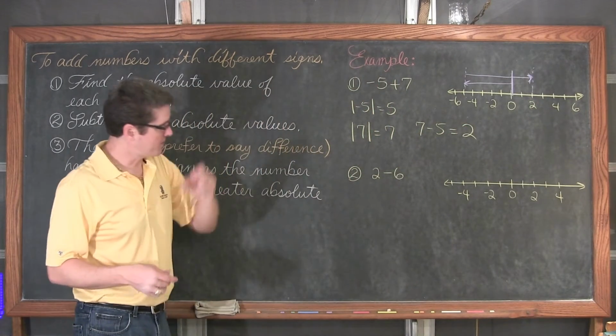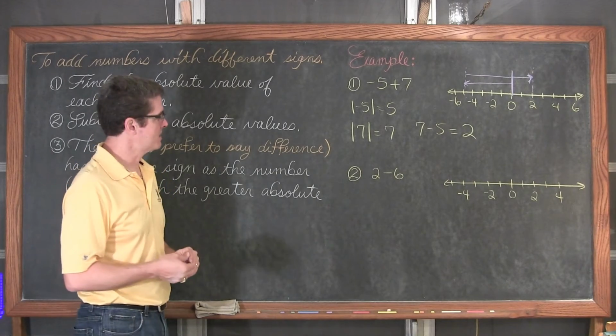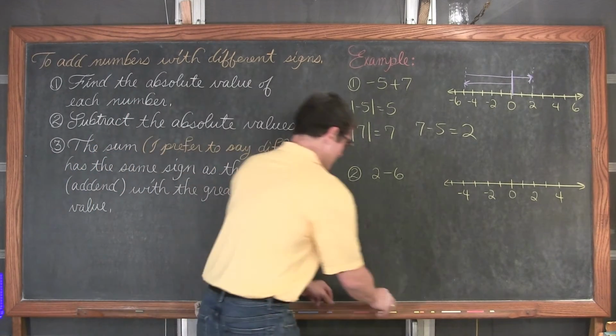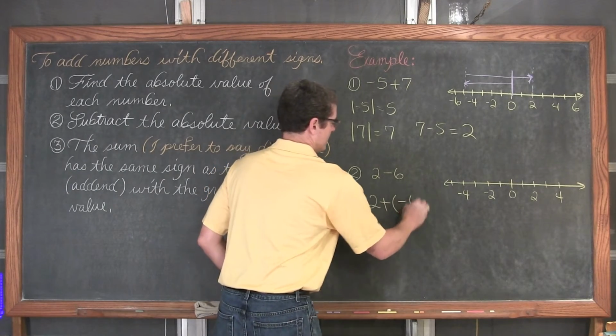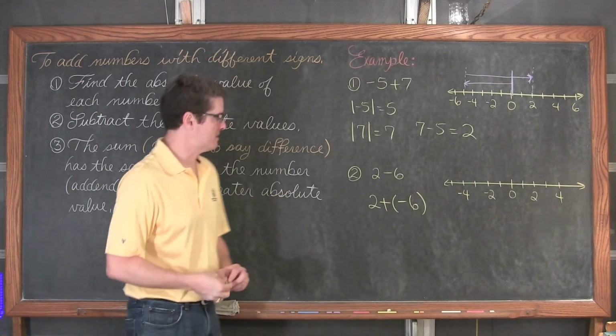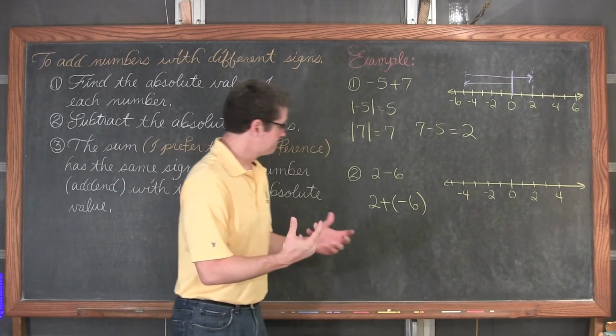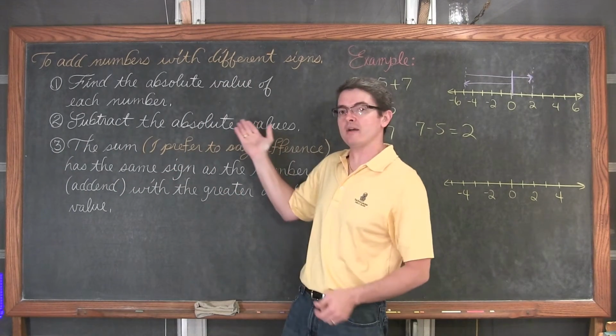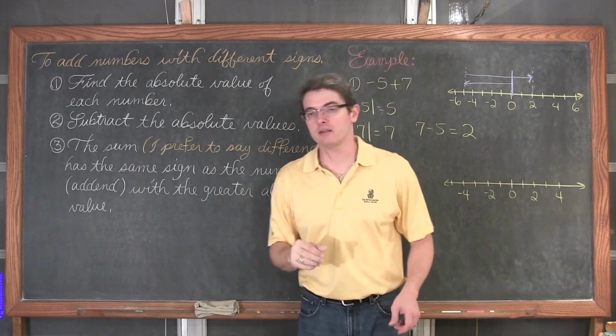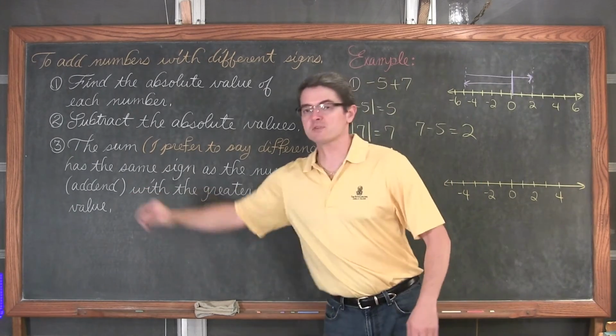Here we have 2 minus 6. You might want to rewrite that, if you're comfortable, as 2 plus a -6. Those are equivalent statements. And we can, again, find the absolute values, subtract, and keep the sign of the greater absolute value.